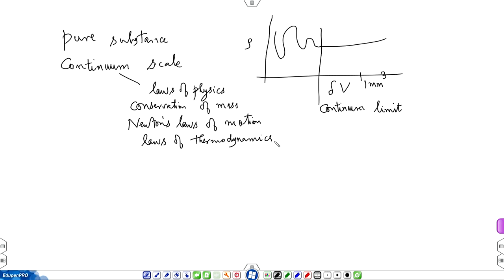So, these are to be contrasted with, well, you have to contrast continuum mechanics with quantum mechanics. In quantum mechanics, you are at the particulate level.